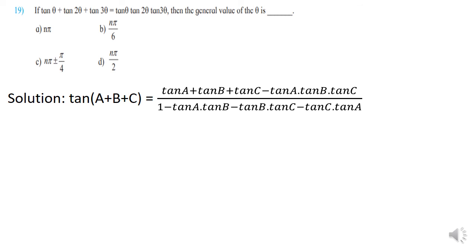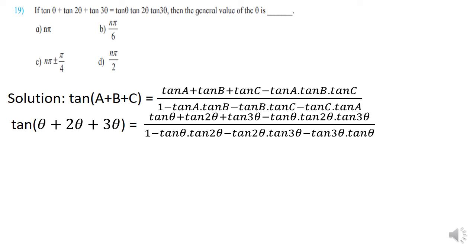Here we state it as tan (A plus B plus C), which is (tan A plus tan B plus tan C minus tan A into tan B into tan C) upon (1 minus tan A tan B minus tan B tan C minus tan C into tan A). Now we substitute tan (A plus B plus C) as tan (theta plus 2 theta plus 3 theta) and get the same thing on the RHS by substituting A, B and C with these values.